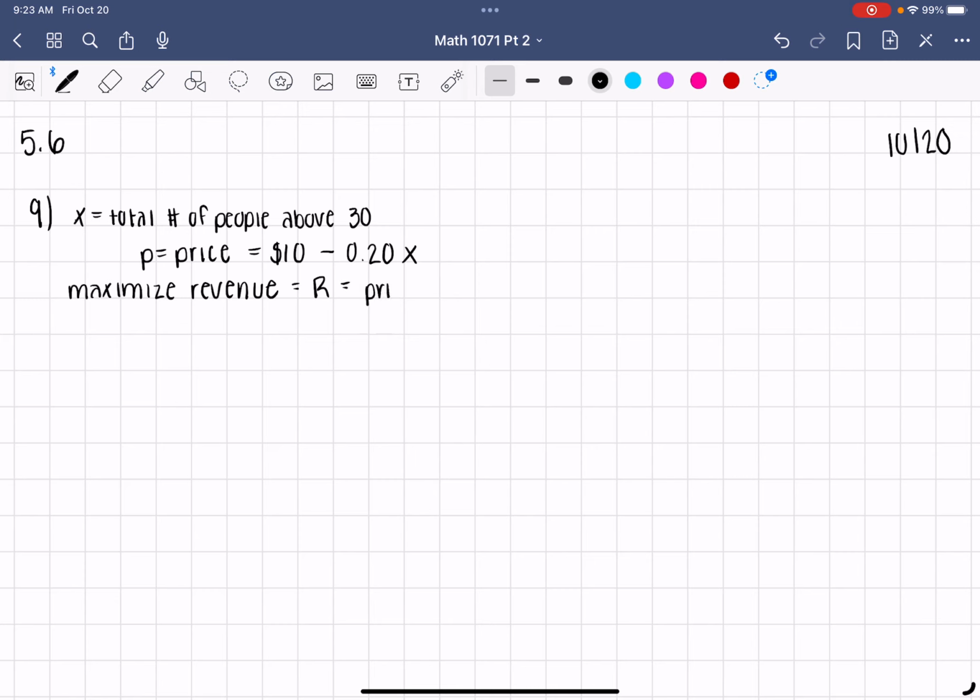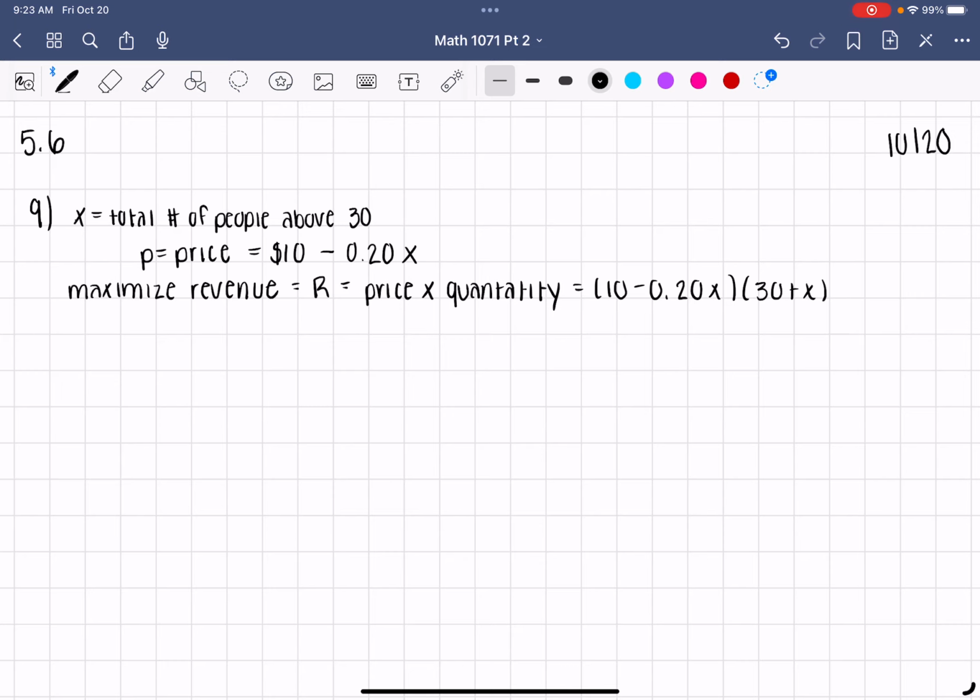And so the total number of people is 30 plus X. So the smallest X could be is 0. And there you just have 30 people at $10 a person. But then for each X above 30, 31, 32, they knock 20 cents off the price. Okay, so your revenue function in terms of R is, can I FOIL, is that okay?